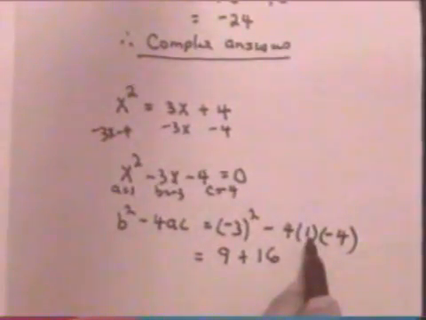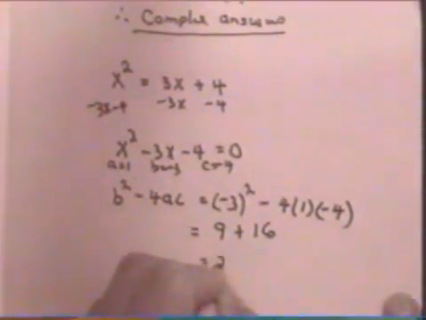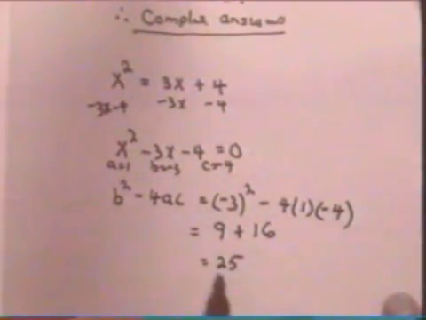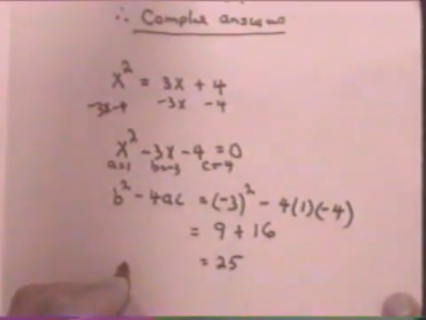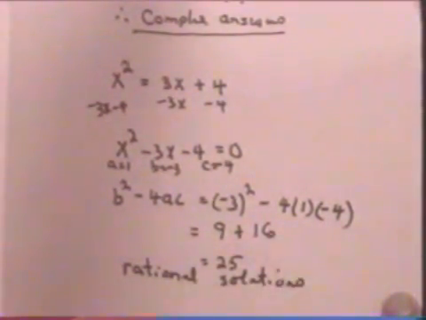Negative 4 times 1 is negative 4, times negative 4 is positive 16, which gives 25. Now 25 is a perfect square, so that means we're going to have rational solutions. So they're going to be real, rational solutions.